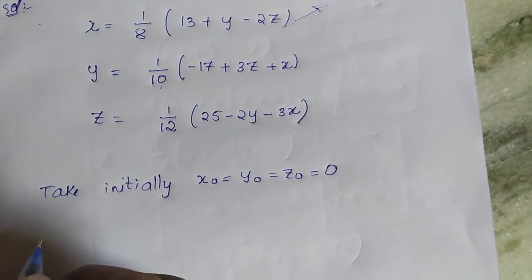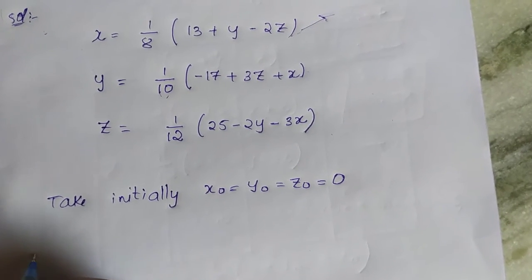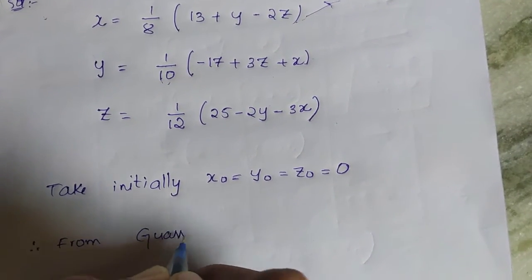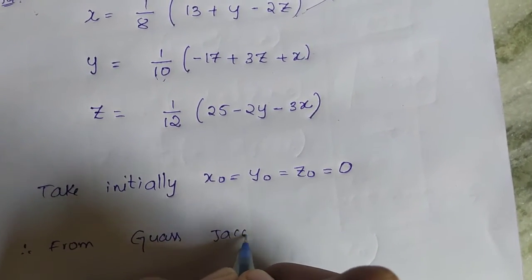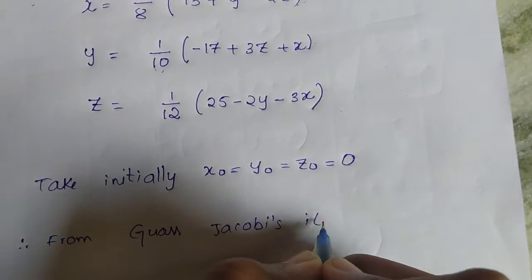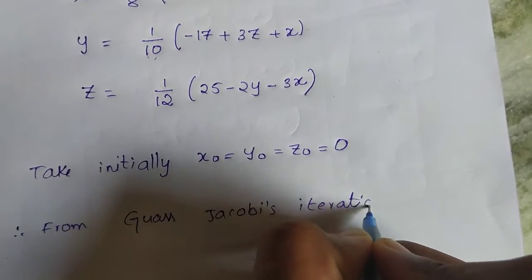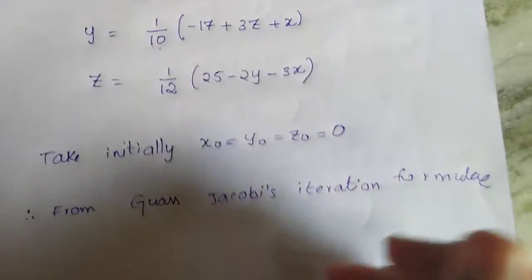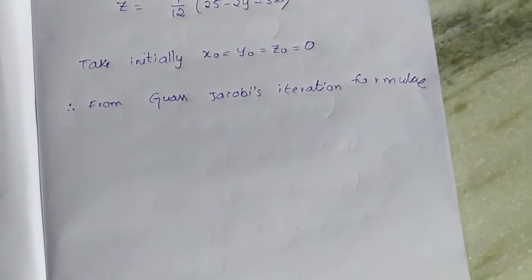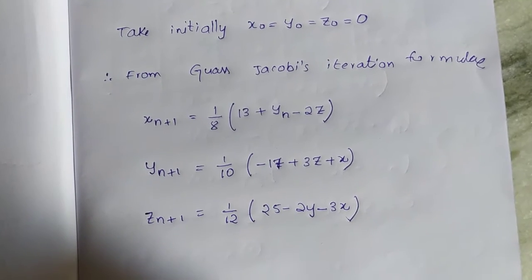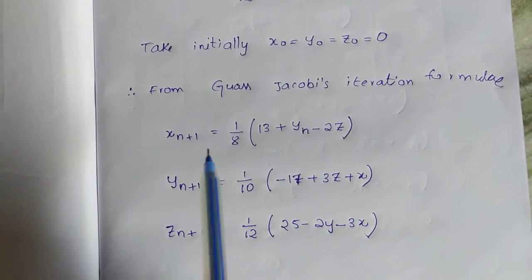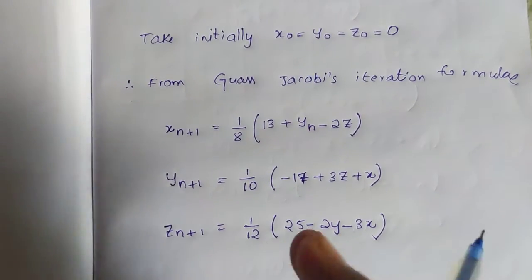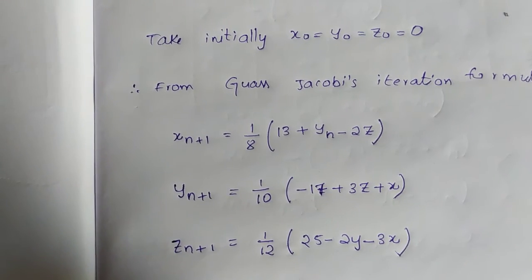As we know Gauss-Jacobi's formula, therefore from Gauss-Jacobi's iteration formula, we obtain this equation. Now by using this equation we calculate the approximation roots.